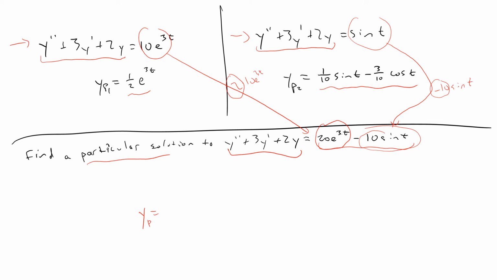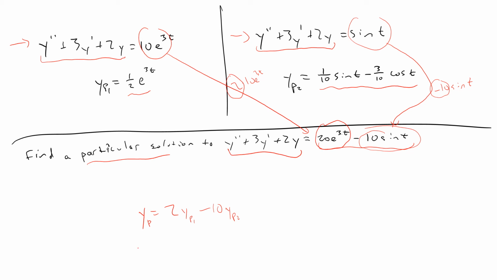So this particular solution will be 2 times that first particular solution minus 10 times that second particular solution. This is what the superposition principle tells us. If I want to solve this ugly right-hand side, I can break it down into smaller chunks and solve those first, and then the solution to the uglier one will be a combination of those easier solutions that we found.